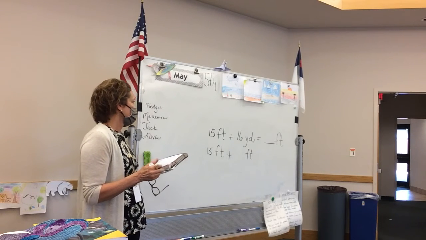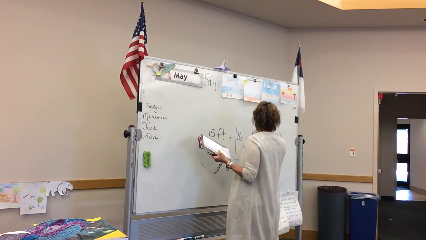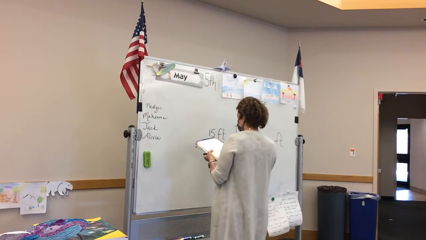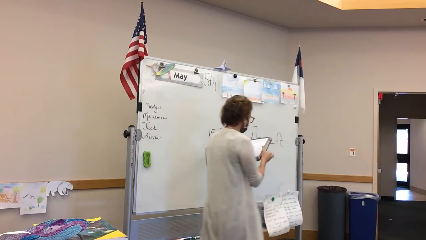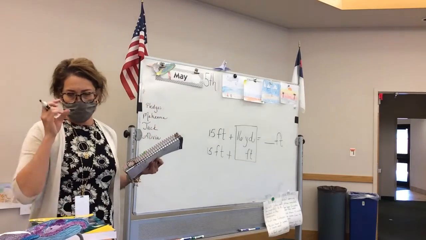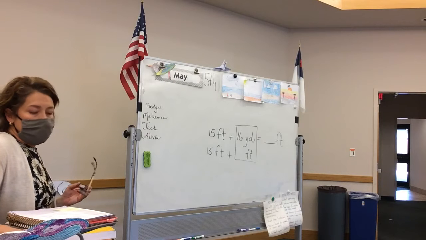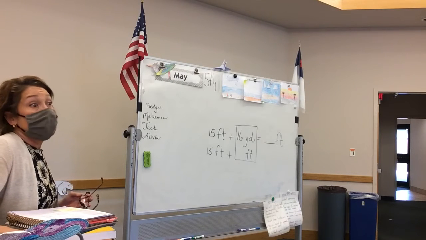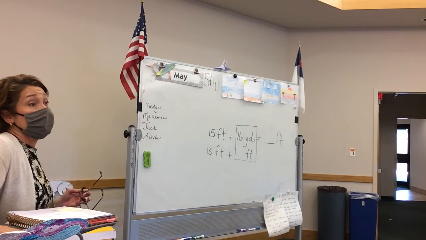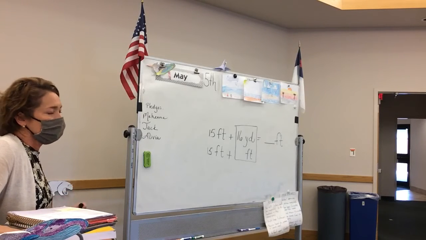Put a box around the different measurements, because they're different, correct? So, are we talking small to large or large to small? Olivia? Large to small. So are we going to divide or are we going to add? I mean, are we going to divide or multiply? Sorry.